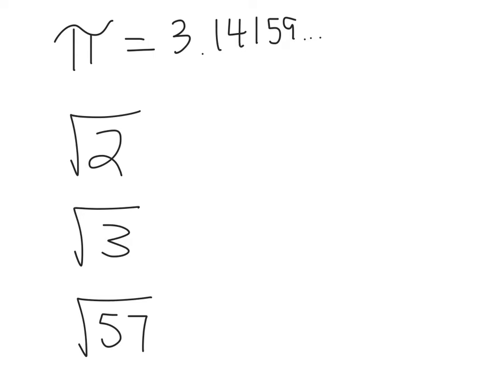For the simplicity of our lesson, let's round to the nearest tenths place, okay? So when we say pi equals 3.14159..., we can also say it's approximately, this is the symbol for approximately, that means this number is about this much. It doesn't exactly equal this much, but it's about this much.